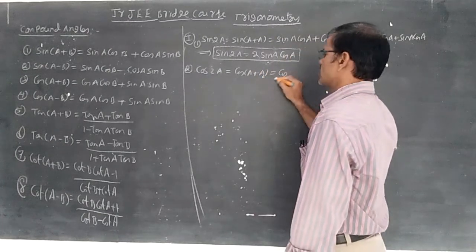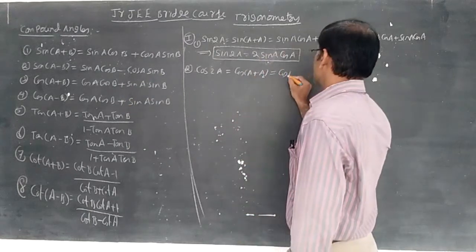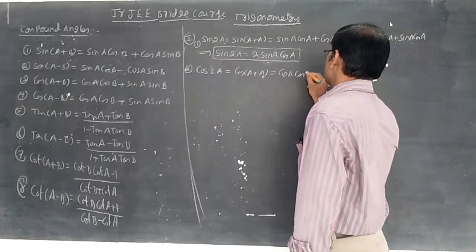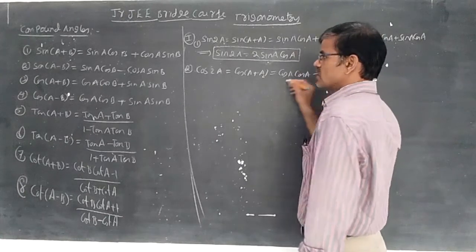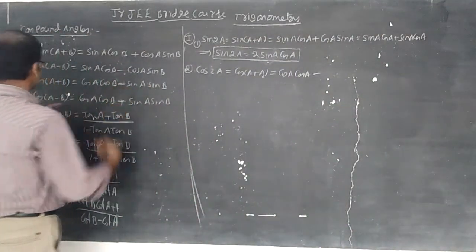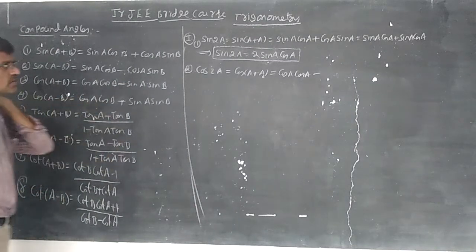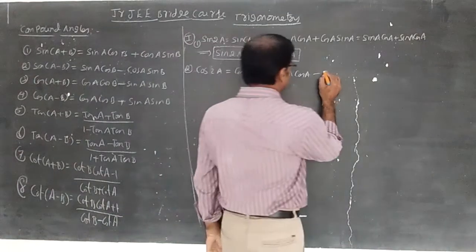Here, using the cos of a plus b formula, cos a cos b minus sin a sin b, you can write cos a cos a minus sin a sin a.